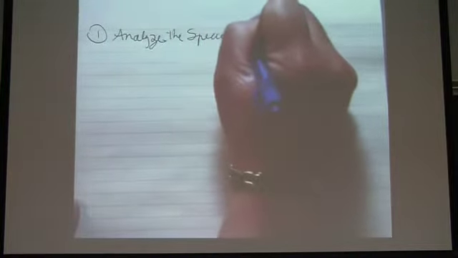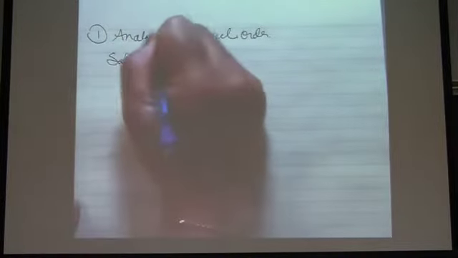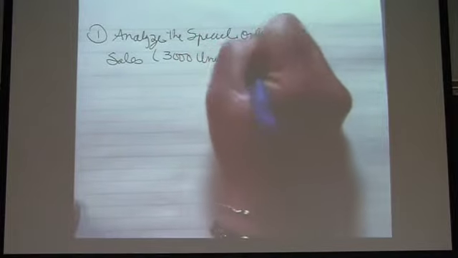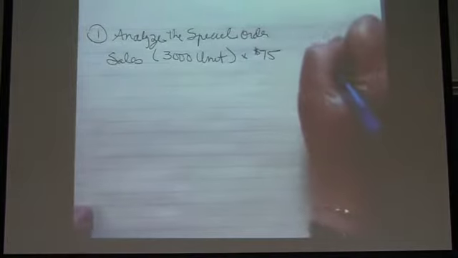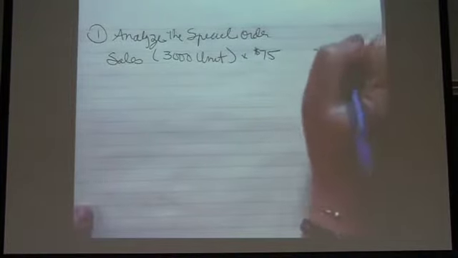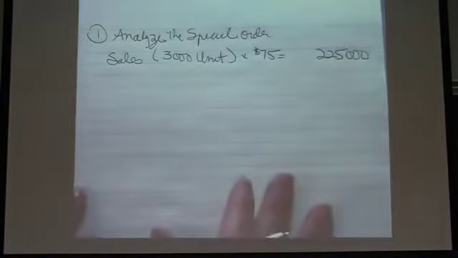So let's take a look at the first part. We're going to analyze the special order for Part 1. What is the revenue? The sales is 3,000 units. Remember, we have excess capacity. I'm going to show you what happens if we don't at the end.